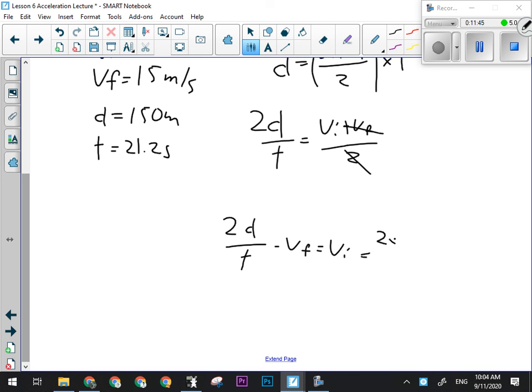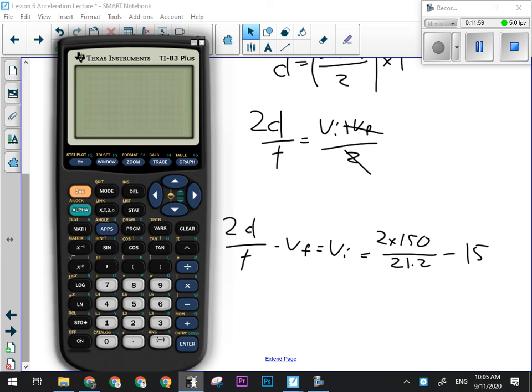That'll be 2 times 150 divided by 21.2, and then subtract 15. So we got 300 divided by 21.2 minus 15. So they are moving backwards slightly, at negative 0.85 meters per second.